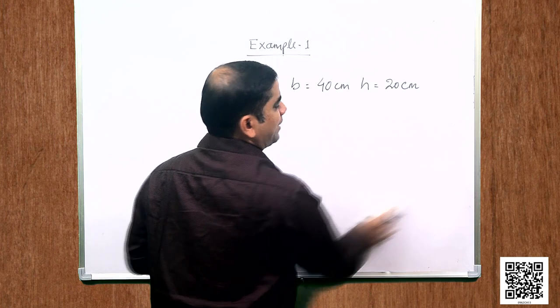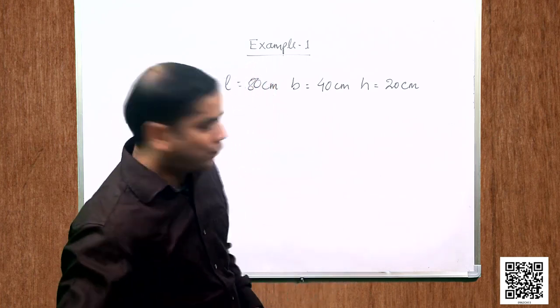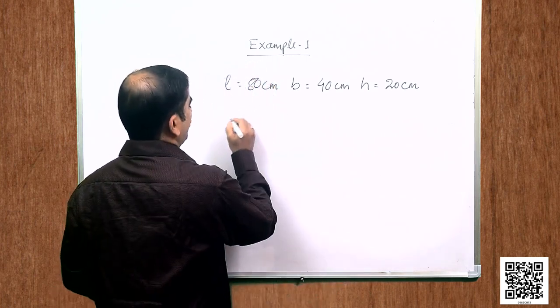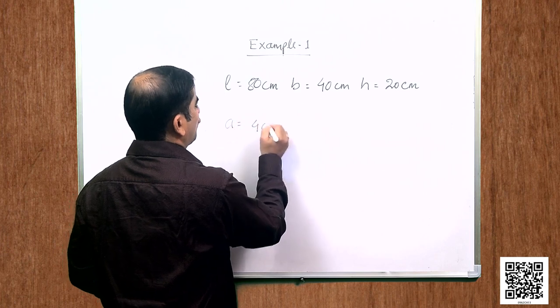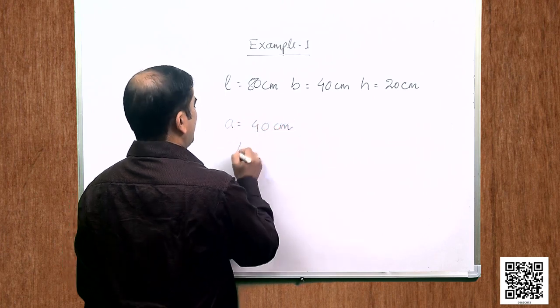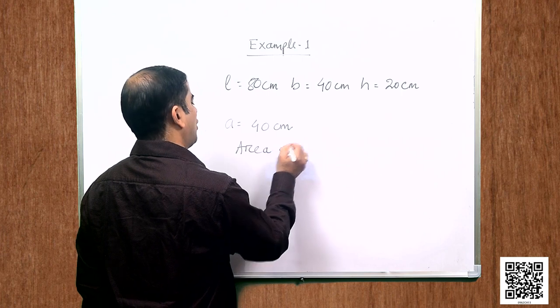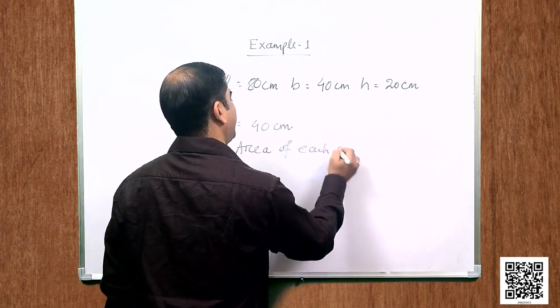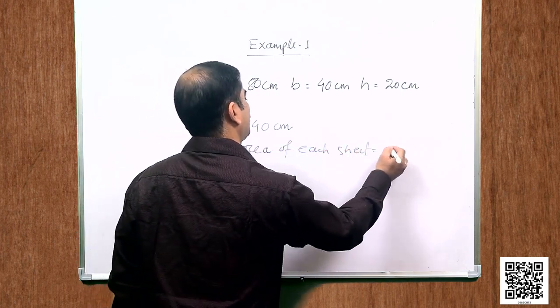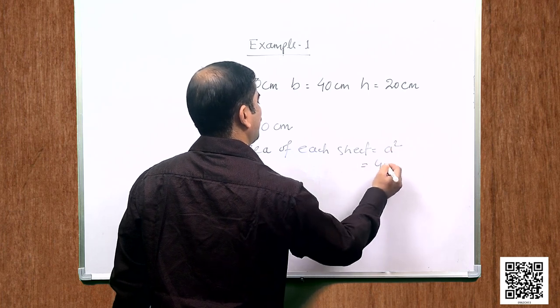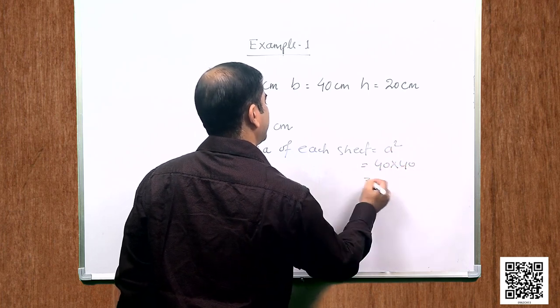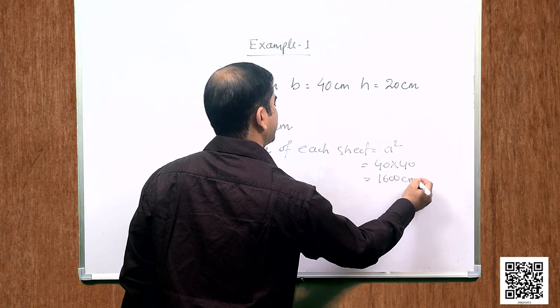Each sheet of paper is of size 40 centimeter. So, a is equal to 40 centimeter. So, area of each sheet is equal to a square, that is 40 into 40, 1600 centimeter square.